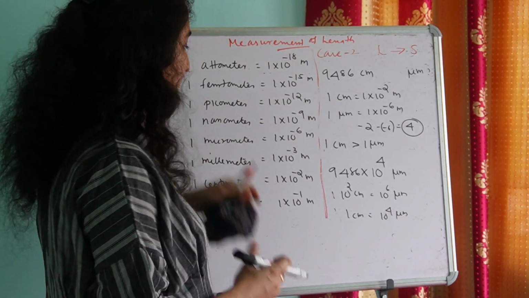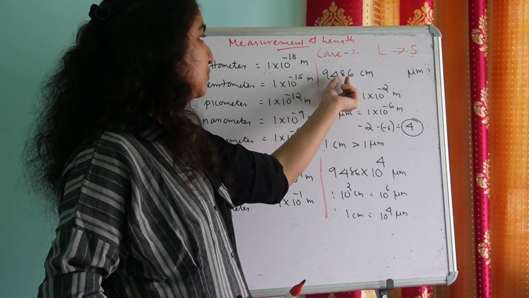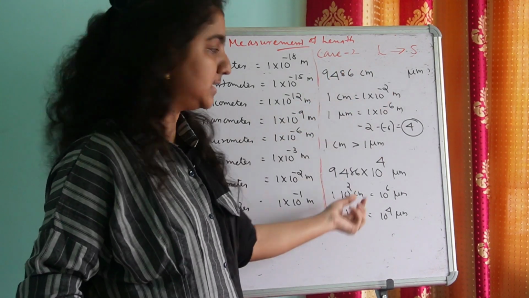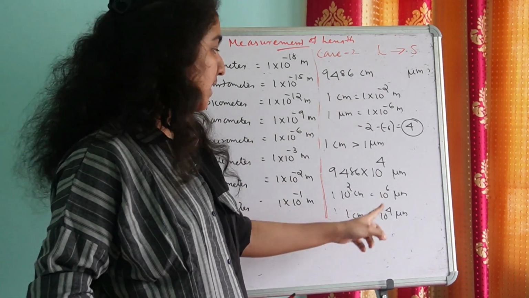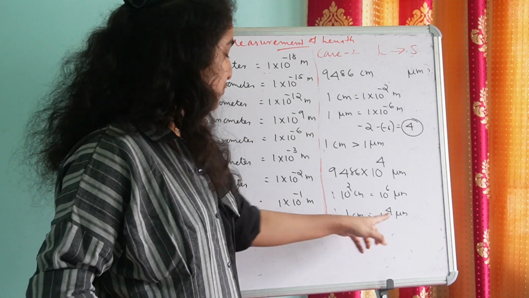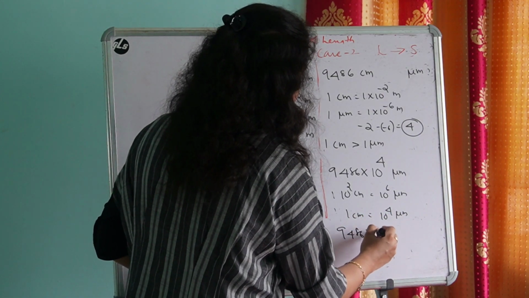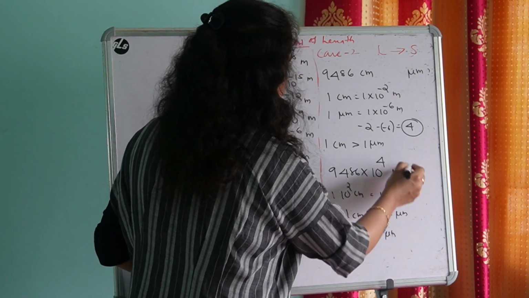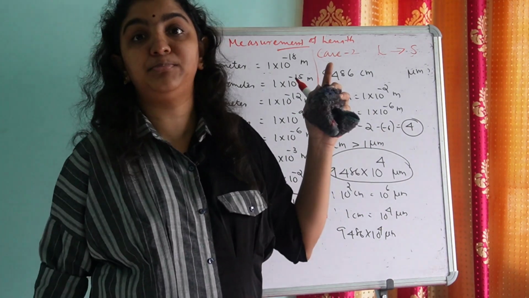To get the answer for 9486 centimeter, I multiply the same value on the other side also. So it becomes 9486 into 10 power 4 mu meter. This is the answer I got the simplest way.